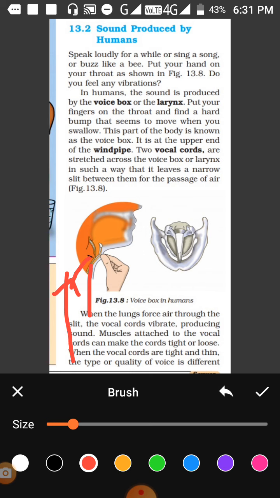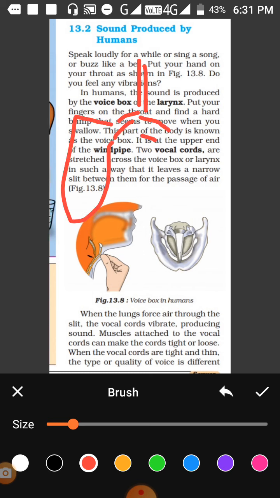The two vocal cords are stretched across the voice box, or larynx, in such a way that it leaves a narrow gap in between. You all must have seen pictures of lungs. The lungs are normally shown with the windpipe. So when the air comes out, it passes over the windpipe.